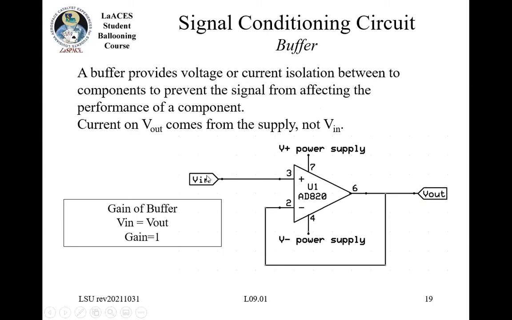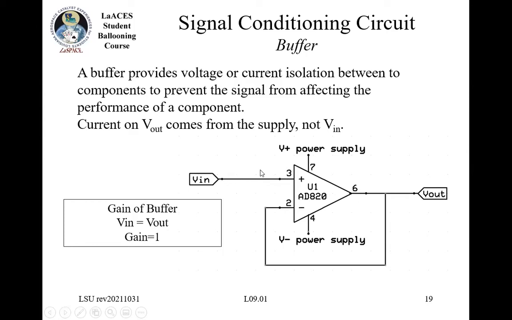And that's important because one, you may have a sensor that could be damaged by excessive current draw, or you could have the situation where if I was drawing current here, that may actually affect the signal, depending on maybe I have a long line where I have resistance that could create a voltage drop.